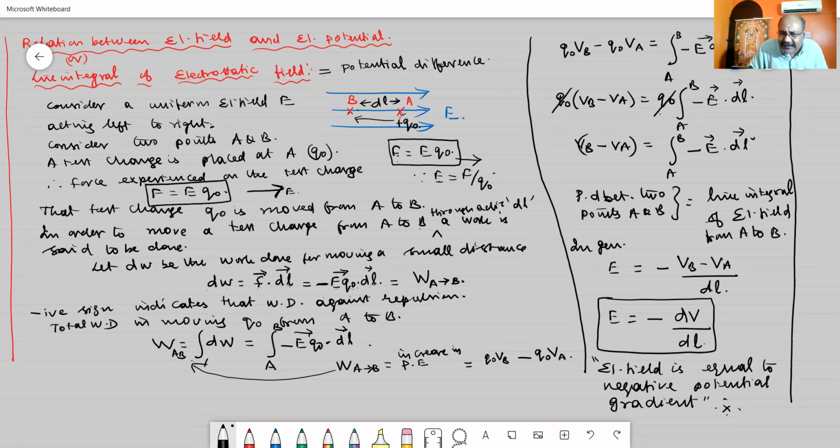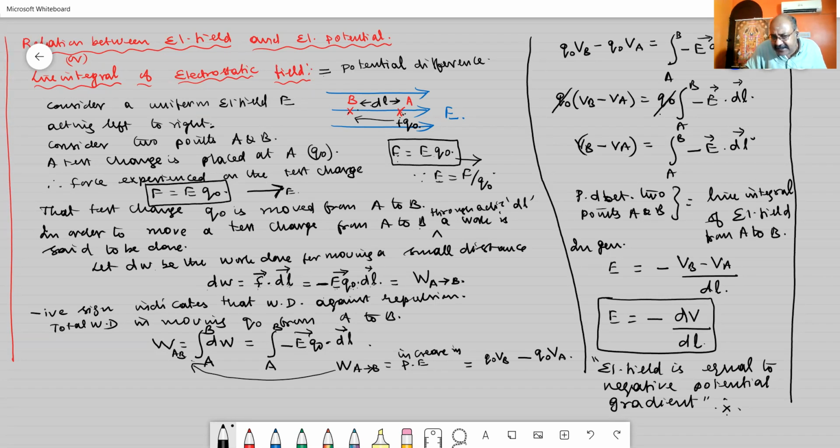That work is done in moving the test charge from point A to point B. On substituting, we get the integral from A to B of minus E Q naught into dl. The negative sign indicates that the work is done against the electrostatic force of repulsion.